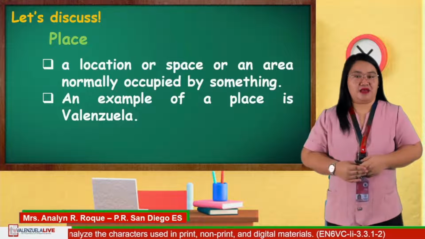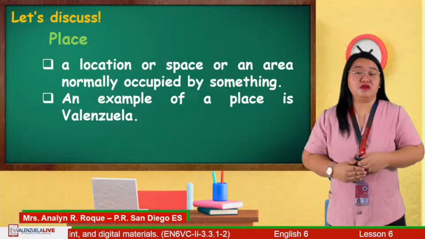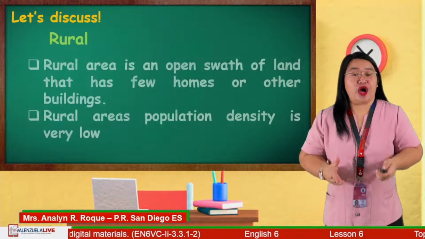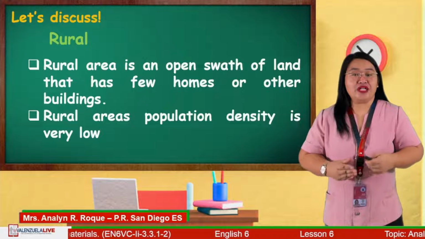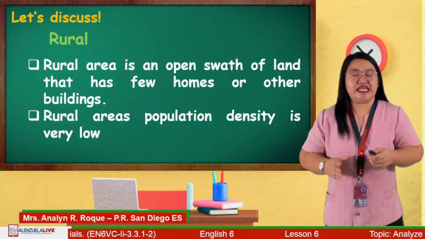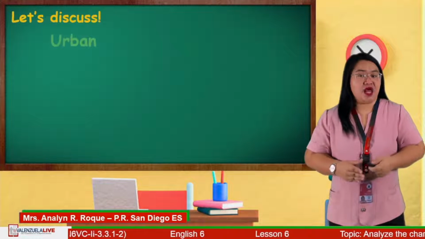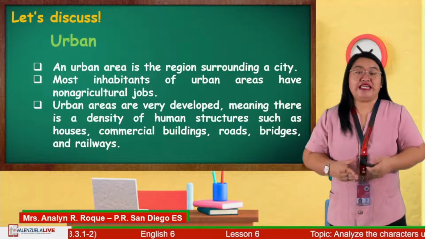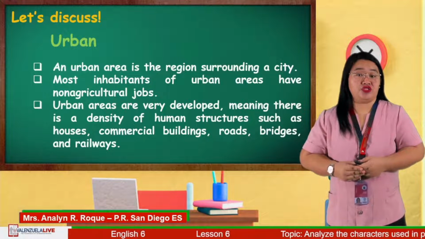Aside from that, the setting of a story can be categorized as rural or urban. Rural area is an open swath of land that has few homes or buildings. Rural area's population density is very low. An urban area, on the other hand, is the region surrounding a city. Most inhabitants of the urban areas have non-agricultural jobs.